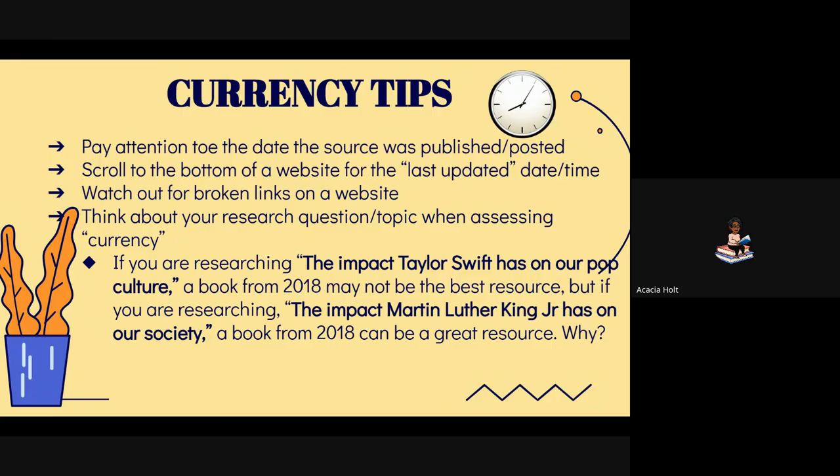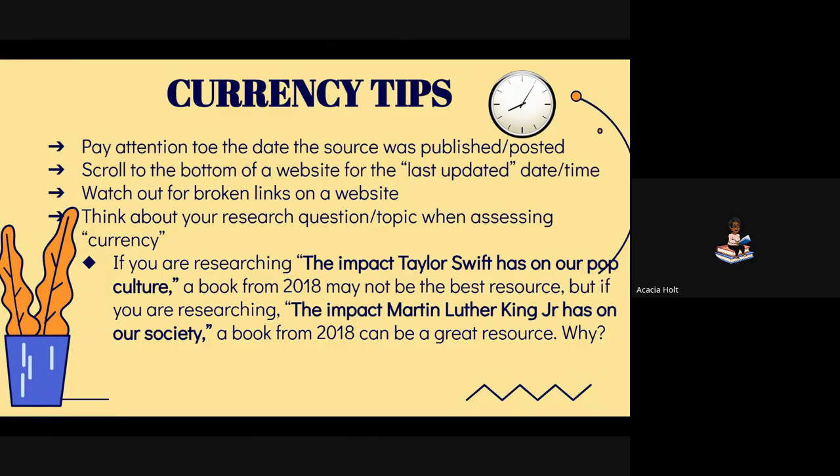So for example, if you are researching the impact Taylor Swift has on pop culture, a book from 2018 might not be the best resource to use. But if you were researching the impact Martin Luther King Jr. has on our society, a book from 2018 could be a great resource. Why?